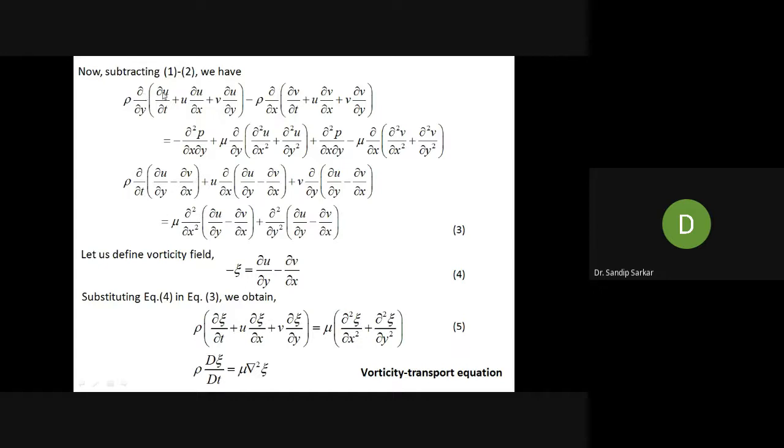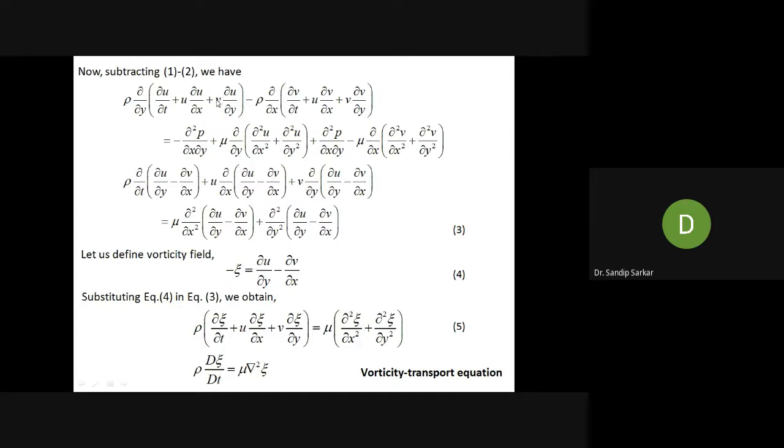If we take del del t common, we will have del u del y minus del v del x. Right? Plus, taking u del del x common, we get del u del y minus del v del x.